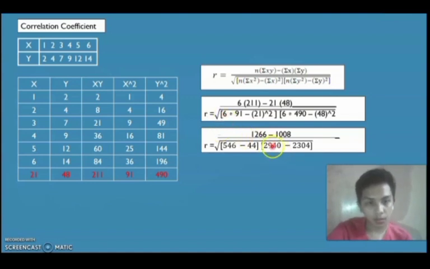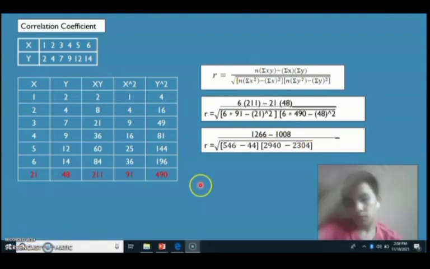And this is the product of 6 multiplied by 490. Correction, this is 441. We multiply this by 2. That's the product and the sum.